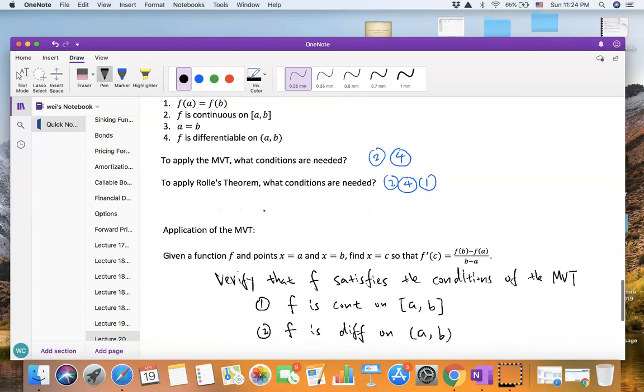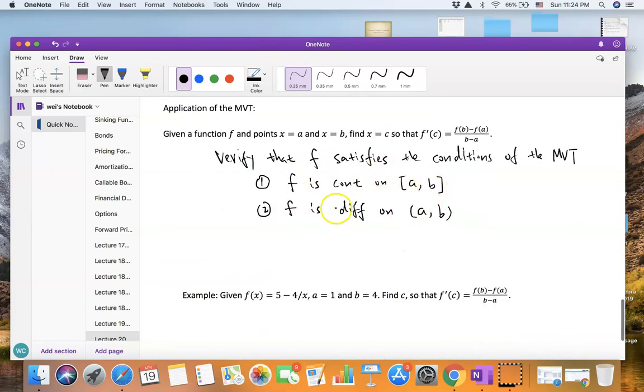Okay. So after we can show that the function satisfies these two conditions, the next thing is we want to find this number. Suppose this is f of a and this is f of b.